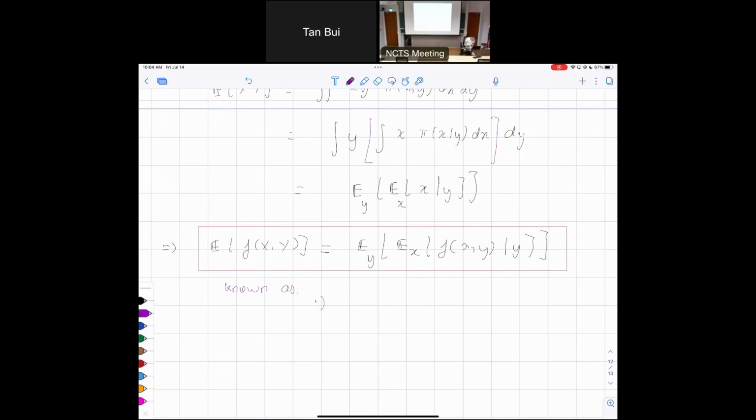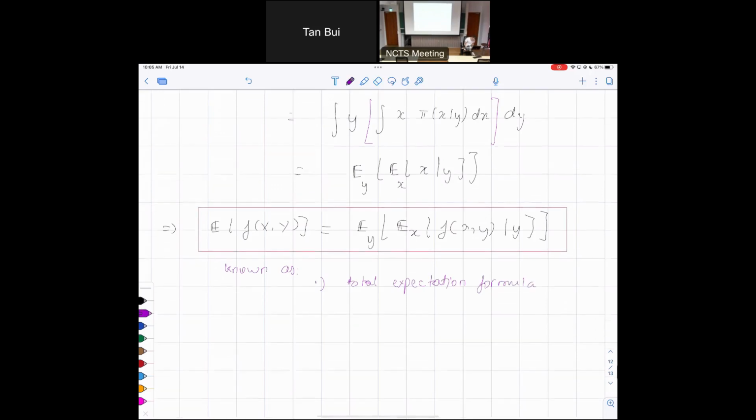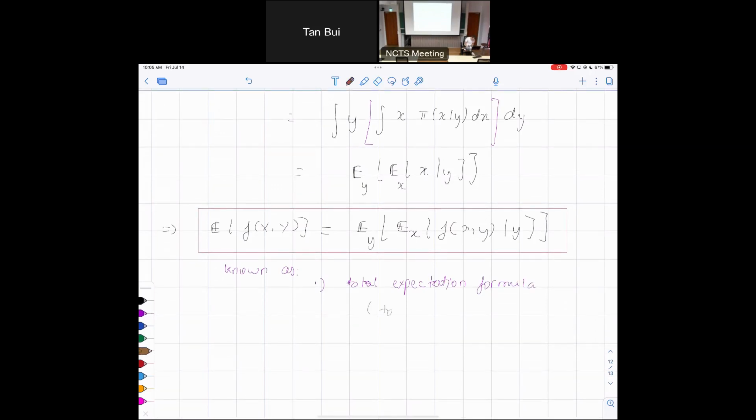Known as the total expectation formula. Recall my connection with the total probability that we learned two days ago, the total probability formula. They are of the very same nature.